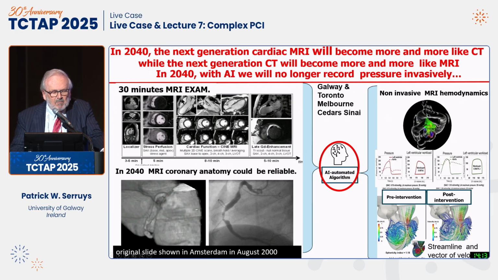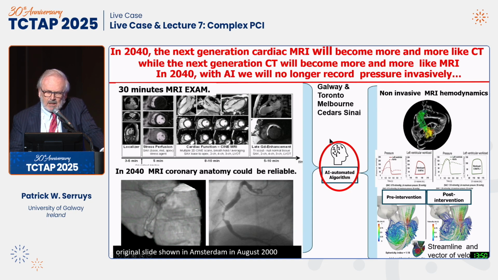In 30 minutes of MRI, you have a stress perfusion, cardiac function, and the late gadolinium for infarct area. But I'm sure that in 2040, MRI coronary anatomy could be reliable. That's the pictures of MRI 25 years ago by our team at that time in Rotterdam.